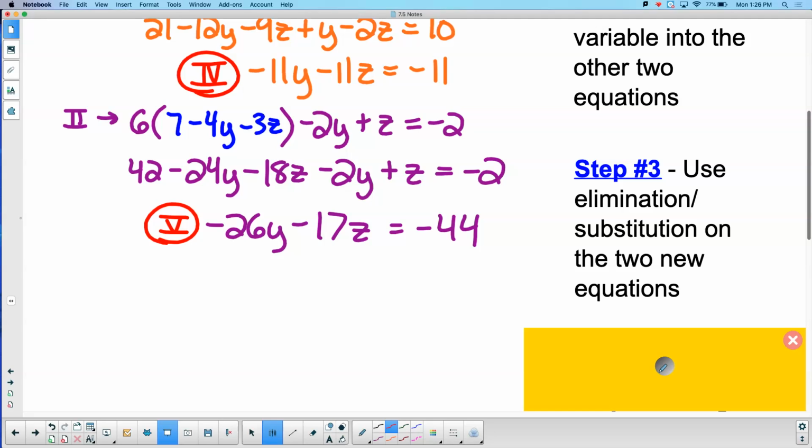So we want to use substitution. What variable do you want to solve for in substitution? Solve equation number 4 for y. So that would be negative 11y equals negative 11 plus 11z. And then I would have to divide everywhere by negative 11.